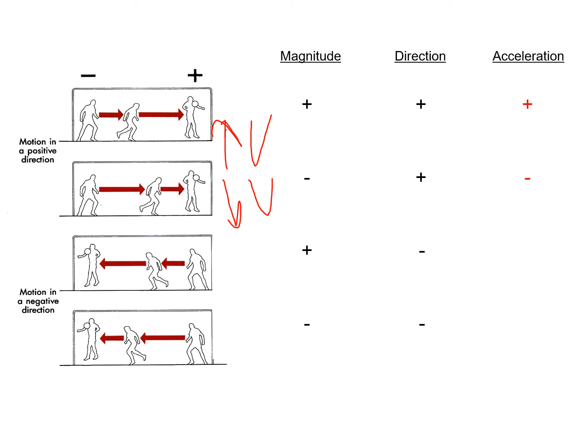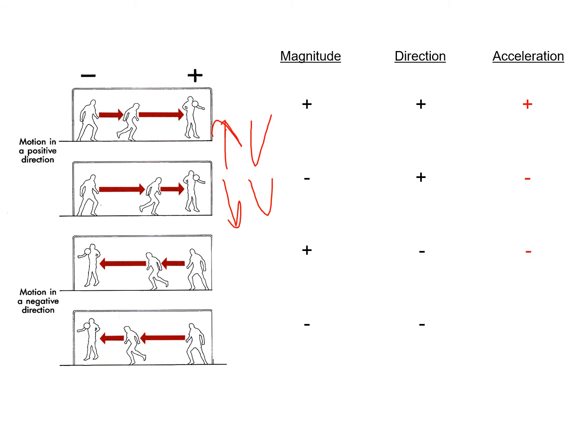This would be if you jumped up in the air, as soon as you leave the ground, your velocity starts decreasing. But you are moving upwards, okay? So you have negative acceleration up until you stop moving altogether and then come back down to the ground. Same thing with this. If we have a positive magnitude and a negative direction, we have a negative acceleration.